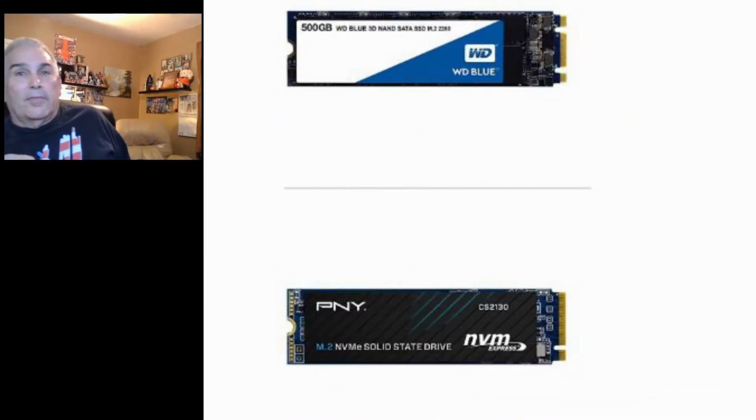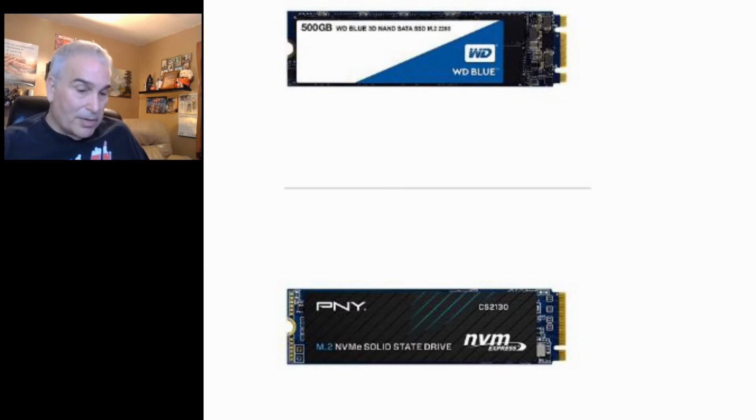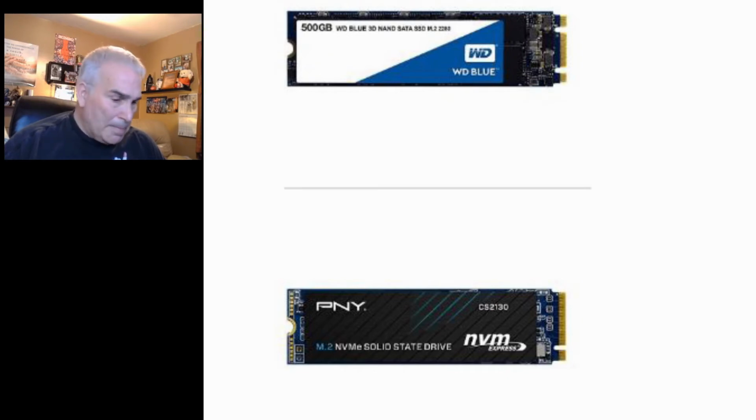When I started to do this video, I was going to talk about what happens when you take an SSD drive out of your computer and what you do with it. But when I got into it, I realized I had to explain all the different types of SSDs that are out there. So what can you do with it?